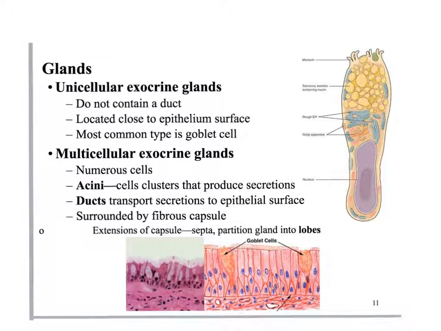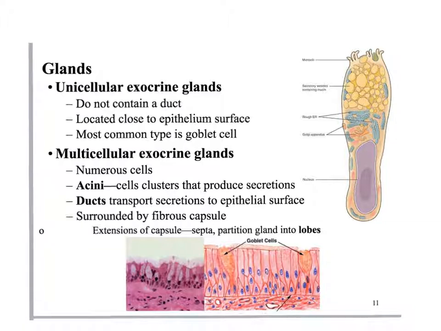They can be unicellular exocrine glands, meaning the gland can be one cell, or they can be multiple cells. The most common type of one-cell gland is called the goblet cell. I put this little picture at the bottom there. You may have seen these last week in lab when you were looking at the pseudostratified epithelium or even the columnar epithelium in the small intestine.